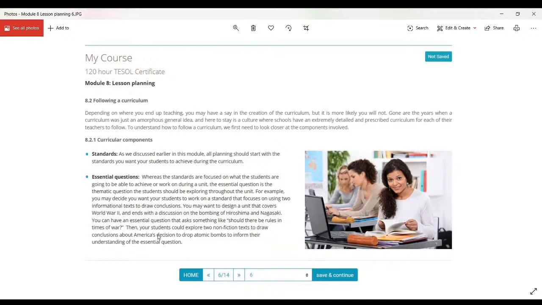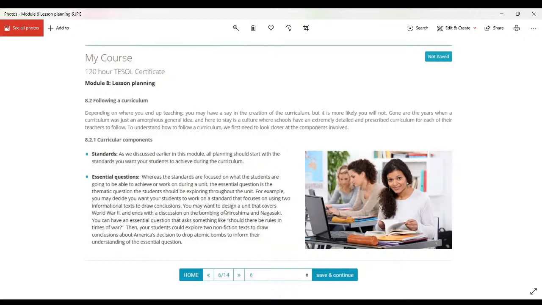Whereas the standards are focused on what the students are going to be able to achieve or work on during a unit, the essential question is the thematic question the students should be exploring throughout the unit. For example, you may decide you want your students to work on a standard that focuses on using two informational texts to draw conclusions.